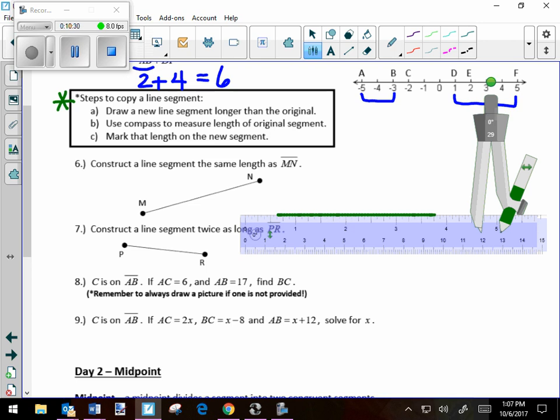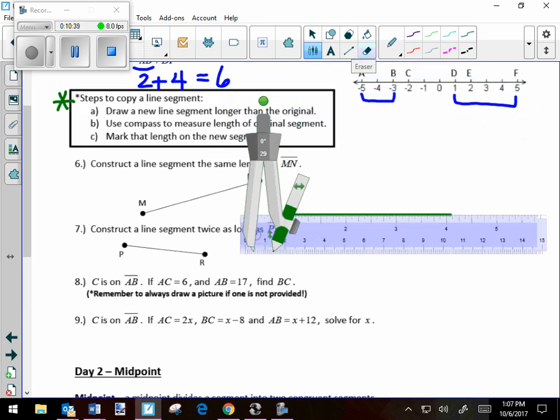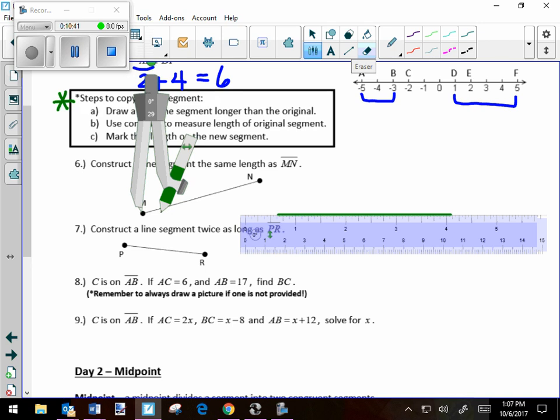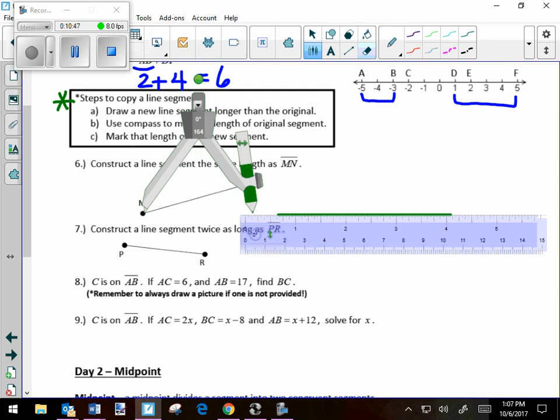So I'm going to go ahead and draw one longer than what I see with MN. And then I'm going to take my compass and put it at one of the endpoints, and then open it so that it reaches over to the other endpoint.